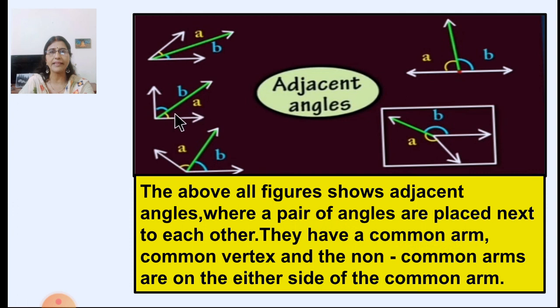This green ray is the common arm to both angle A and B. In all the examples, they have a common arm and a common vertex, that means a common corner, and the non-common arms are on either side of the common arm. These pink rays are the non-common arms, which are on either side of the common arm. So they are adjacent to each other.